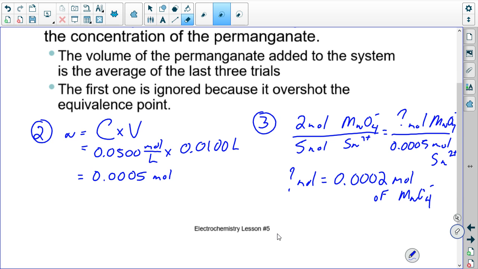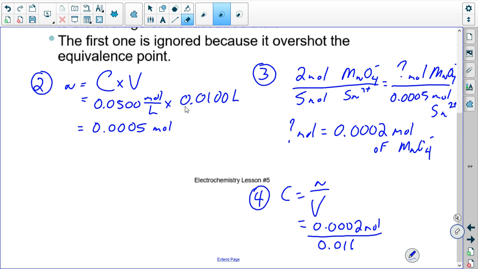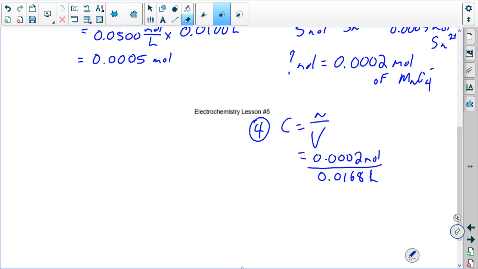So the next one, step 4, find what we're looking for. Well, we're looking for concentration. We have number of moles, and we had the 16.8 from our calculation before. And we want our concentration in moles per liter. So I best change my 16.8 milliliters to liters.